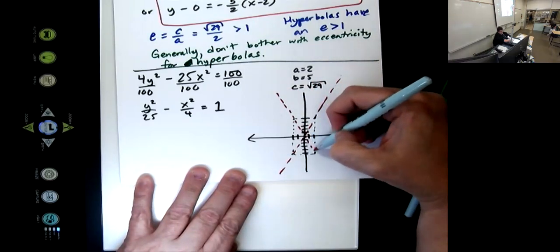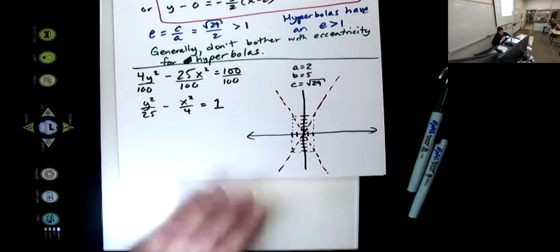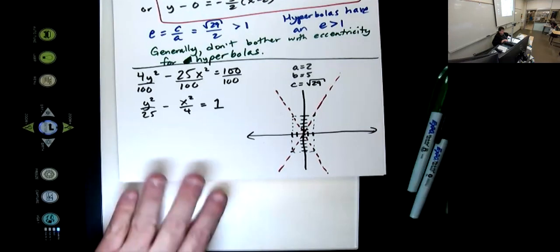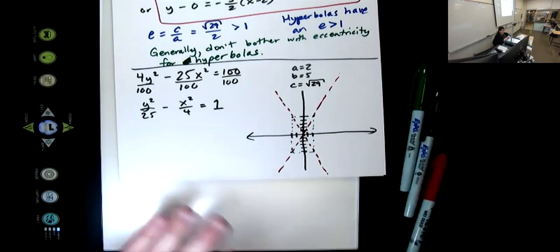But one thing has changed. Here, the y term is positive.